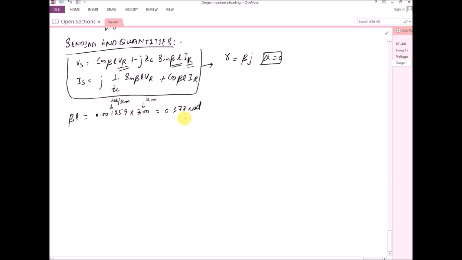So beta L is equal to 0.377 radian. If I have to convert it into degrees, beta L will be equal to 180 by pi times 0.377 radian, which is 21.641 degrees.